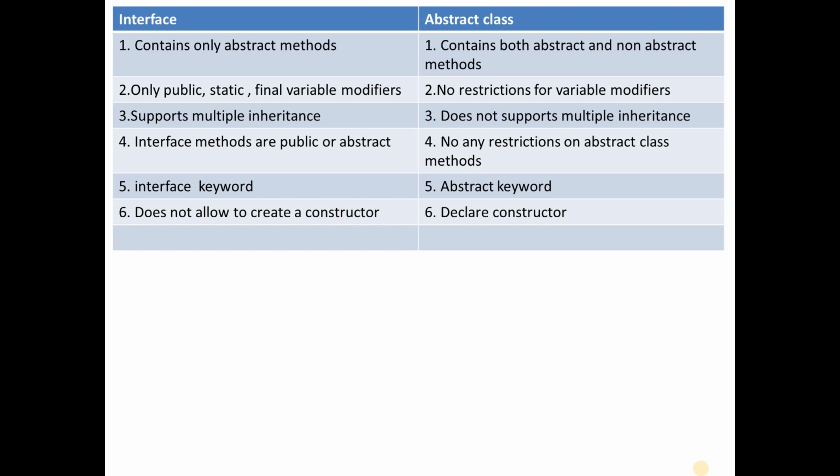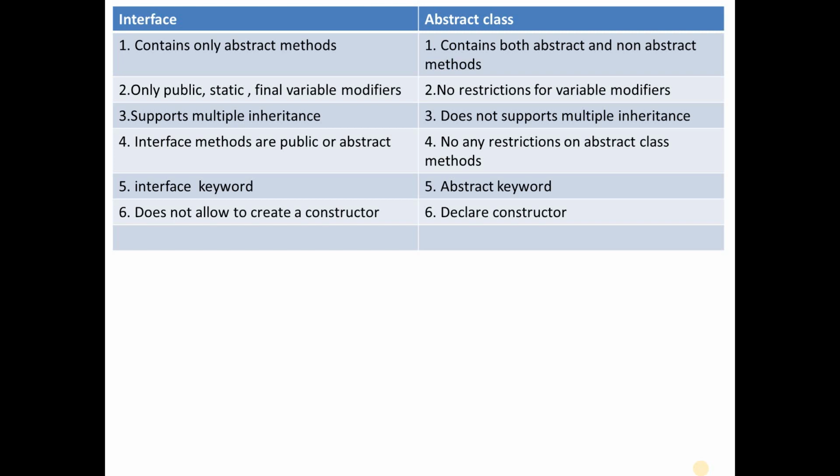Then, an interface supports multiple inheritance. Multiple inheritance means a single child is derived from multiple parents. This concept is allowed in interfaces, but abstract classes do not support multiple inheritance.